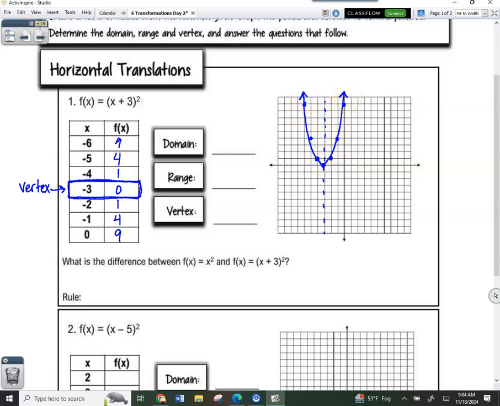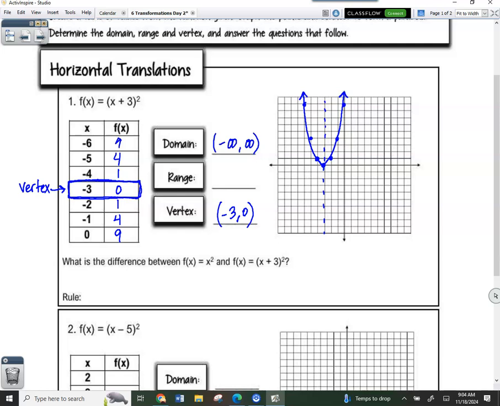Now the questions say, what's the domain, the range, and the vertex? We already found the vertex. What's the domain? The domain should never change, guys, for quadratics.